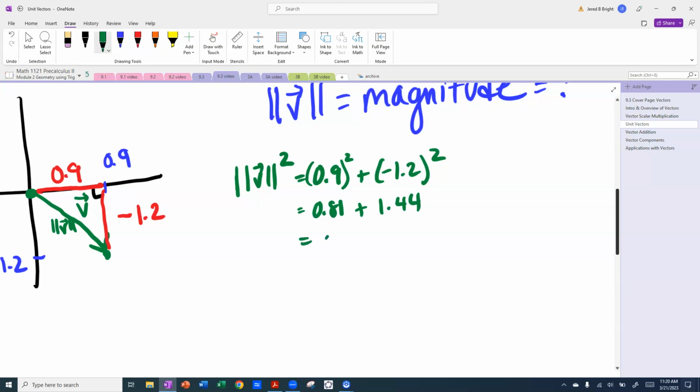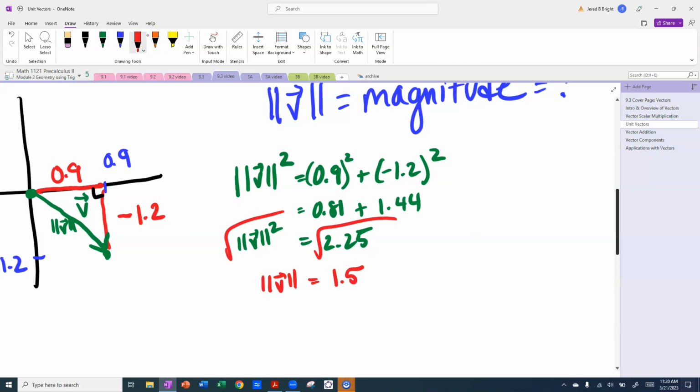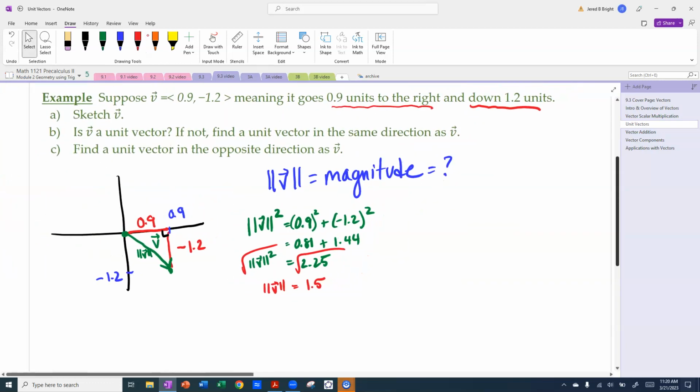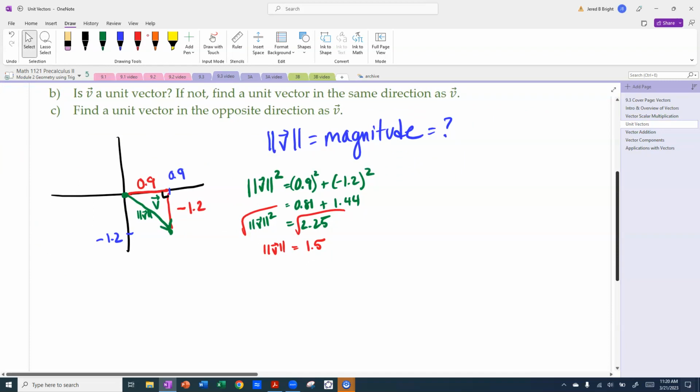And so then I get 2.25 for all of this, and this is for the magnitude squared. If I square root both sides, the magnitude then is going to be 1.5. The hypotenuses that we've dealt with are always positive. So we found the magnitude.